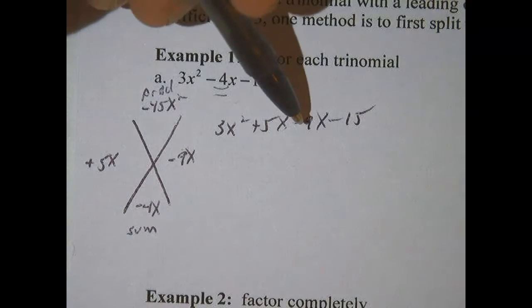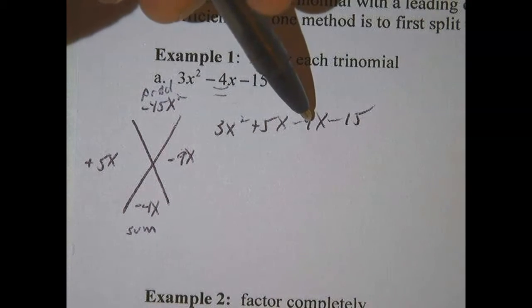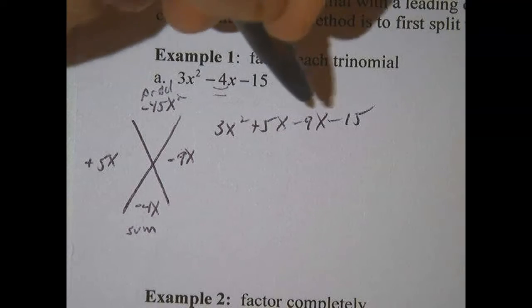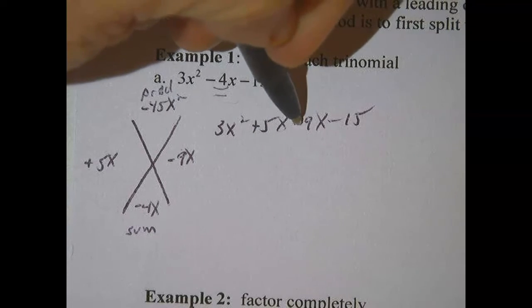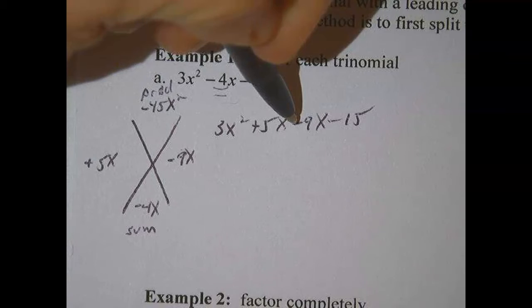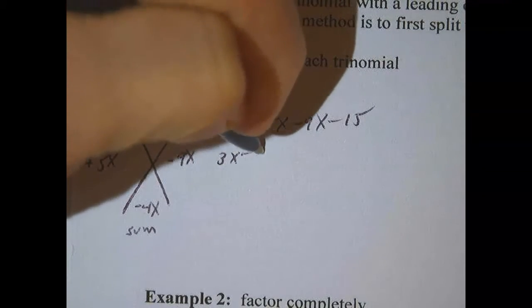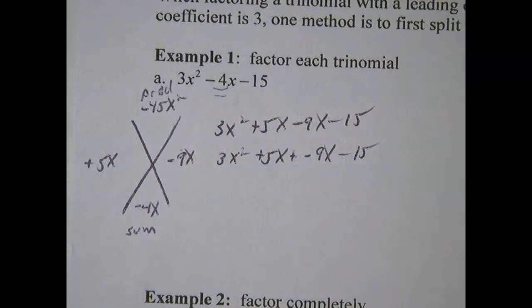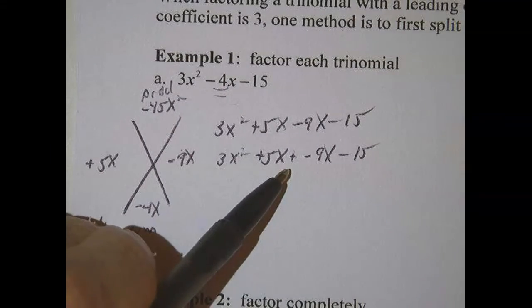It doesn't matter if we put the 5x first and the minus 9x, except I made it a little bit harder on myself because by putting the 9x second, I have a negative sign there. And when I have a negative sign there, I like to change that to plus a negative number. So I'm just going to rewrite a quick step here. So 3x squared plus 5x plus -9x minus 15. It's the same thing, just separated by a plus sign.